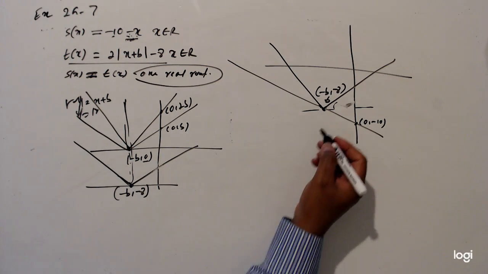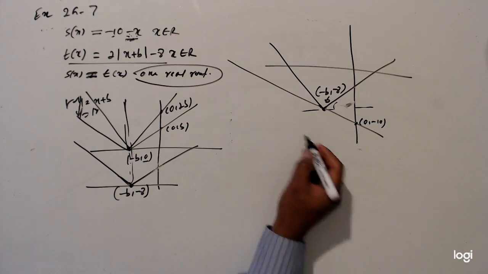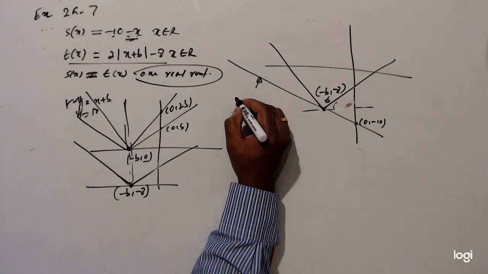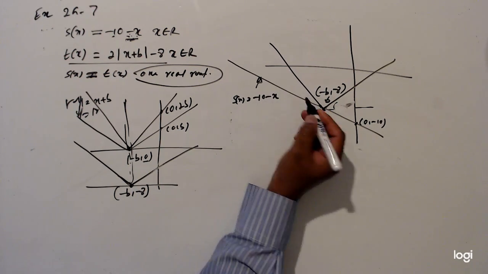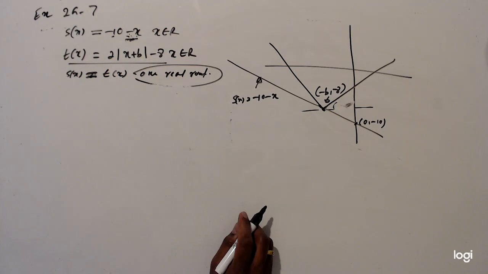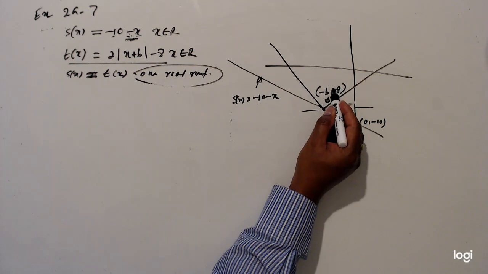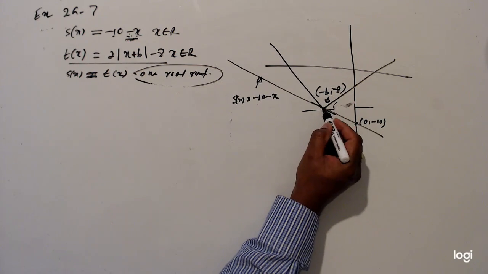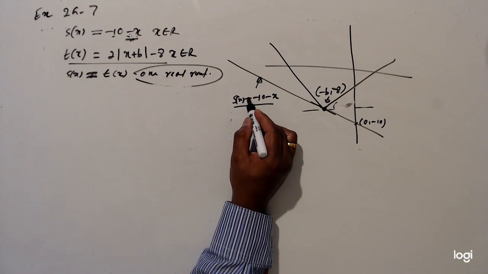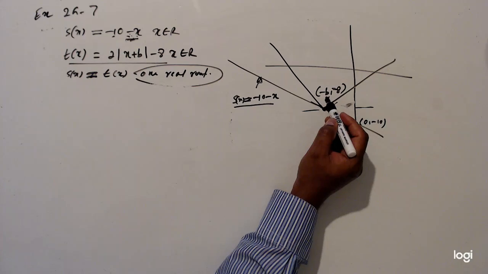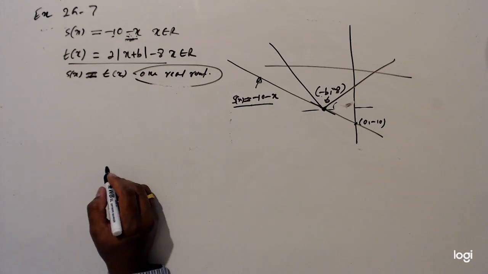Now I want to find the value of b. So what is the equation of this one? Sx equal minus 10 minus x. Now we can see (minus b, minus 8) is on this line, the s equal minus 10 minus x line. Hence, (minus b, minus 8) should satisfy this equation.